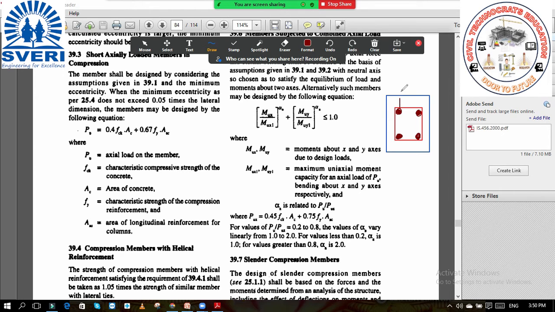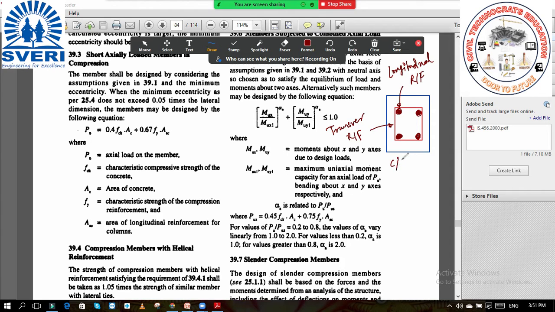The bars which are provided are called longitudinal reinforcement. And the stirrups which are provided over here are called transverse reinforcement.